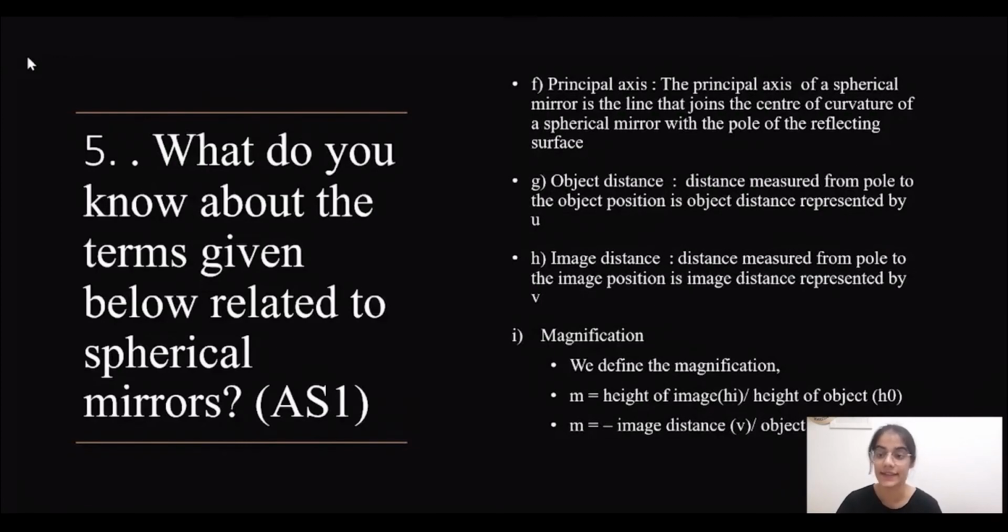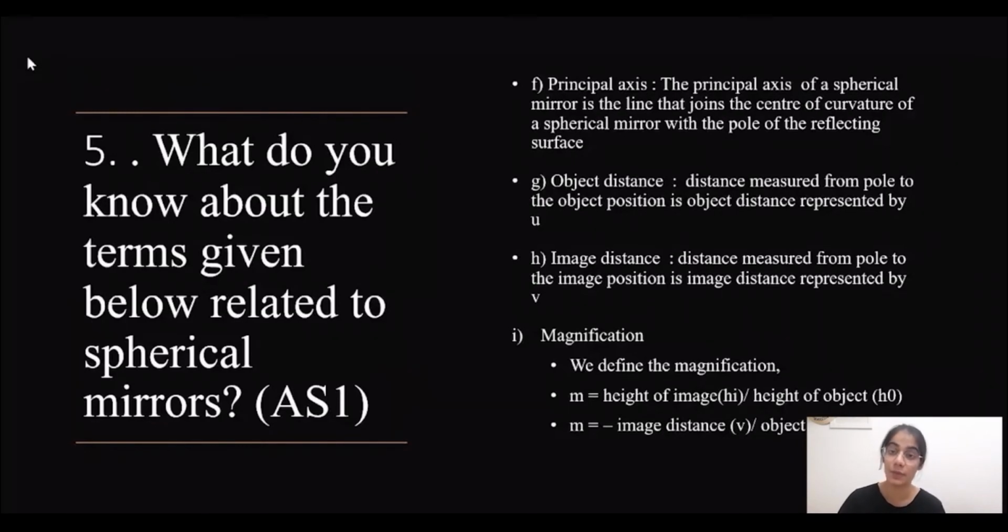Principal axis. The principal axis of a spherical mirror is the line that joins your center of curvature to the pole of the reflecting surface. Object distance. Distance measured from pole to foot of object is object distance. It is represented by small u. Image distance.